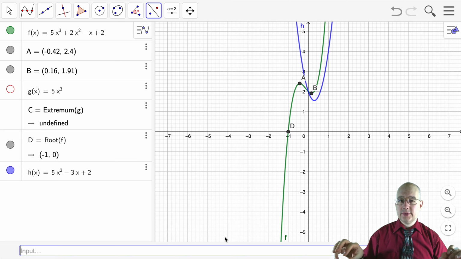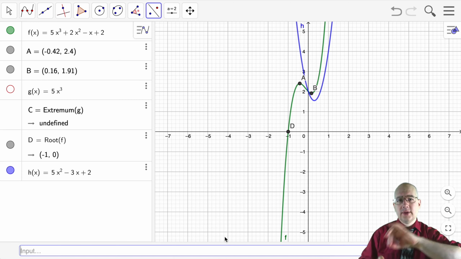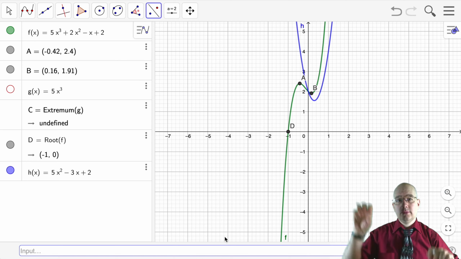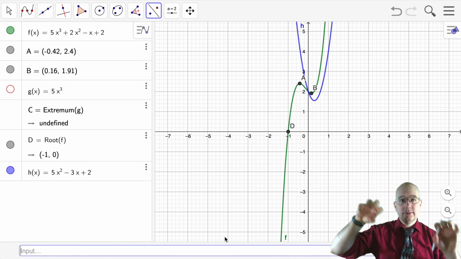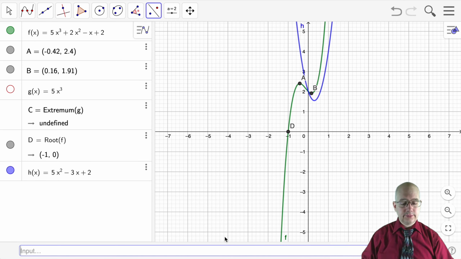We'll talk about this a bit more too. It's large and negative at one point, and then it's large and positive at another point, and it's got to kind of cross that axis somewhere to get from negative to positive, or positive to negative, depending. In any event, these are the kinds of thoughts that we'll explore with polynomials.